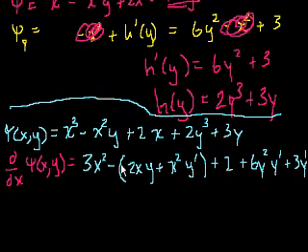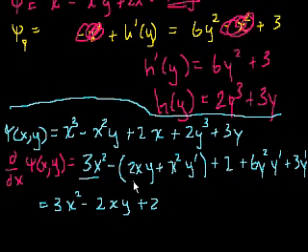And let's see if we can simplify this. So this is equal to 3x squared minus 2xy plus 2. So that's this term, and this term.